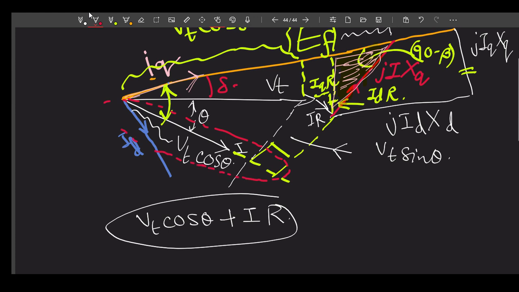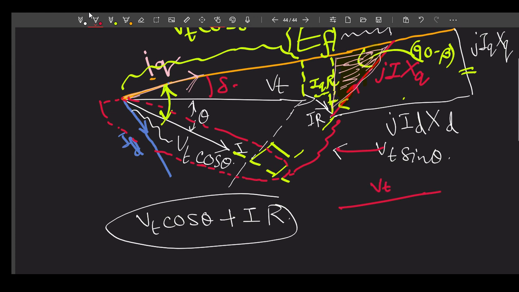Vt cos theta plus IR, and this side is IXq plus Vt sin theta. This much is Vt sin theta. So we have a triangle like this.